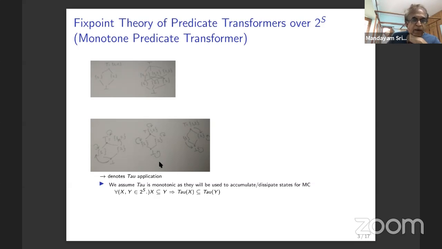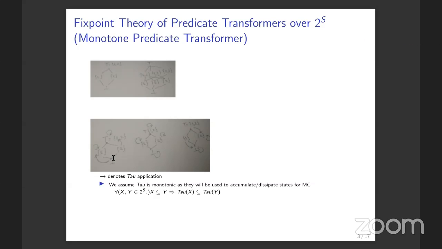In this complete partial order, the undirected edges denote the inclusion relationship between the elements of the CPO, and the directed edges denote the application of tau on sets.